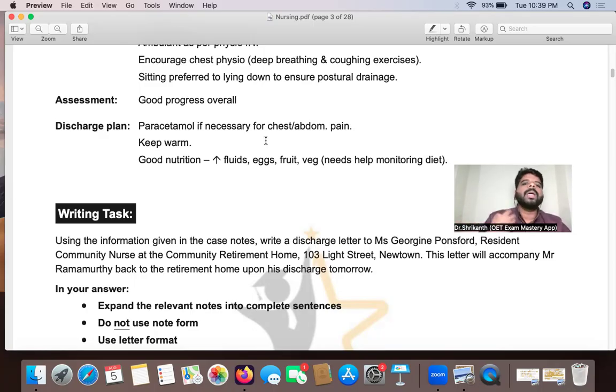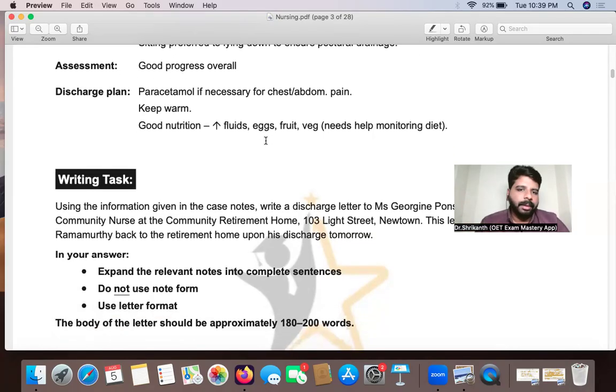So when you're doing OET speaking, the patient's life is depending upon your counseling skills. Similarly, when you're writing a medical letter, the patient's life is depending on this letter. With that intention, with that mindset, you should approach the writing.